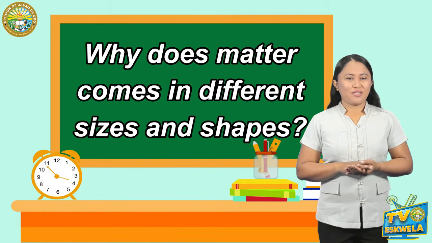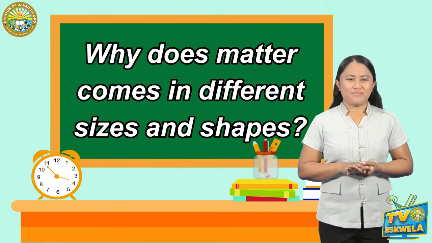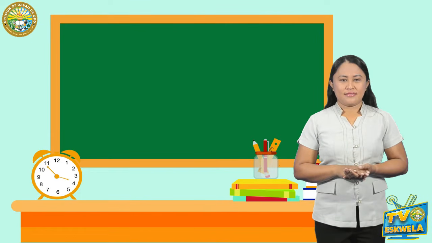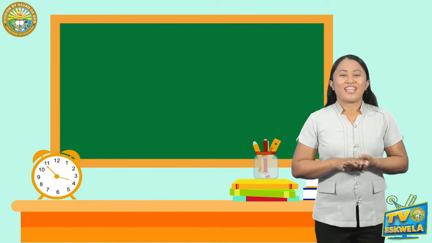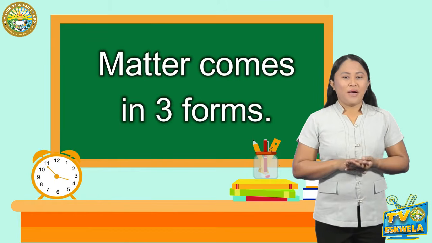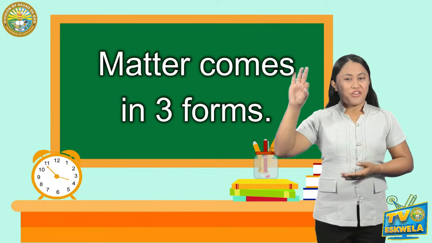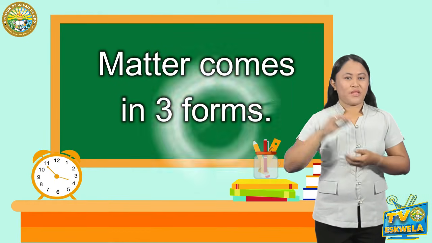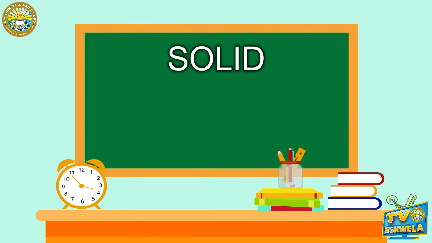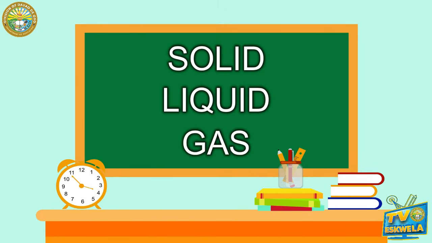Why does matter come in different shapes and sizes? Well, that is because matter comes in 3 forms. We have solid, liquid, and gas.